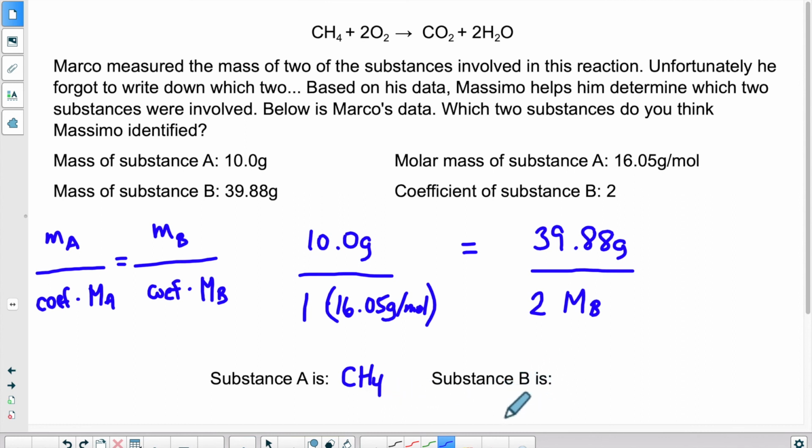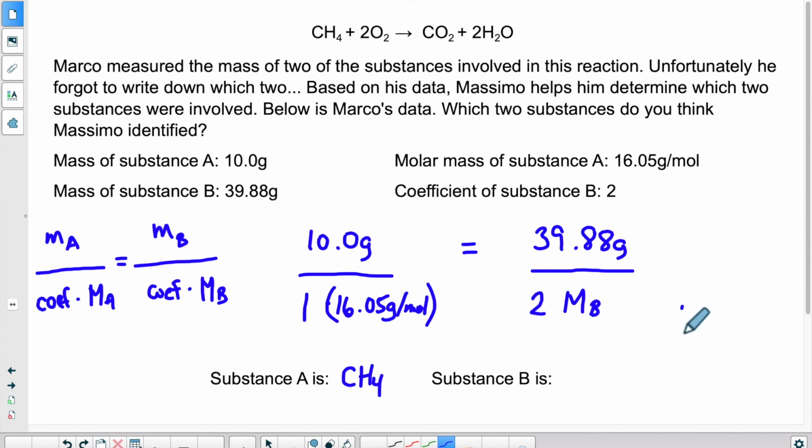Now I need to identify substance B. How am I going to do this? Well, I'm going to find its molar mass. That's now the only variable in this whole equation that is missing. And by finding the molar mass, I will find the identity of substance B because it is a specific characteristic. So if I solve, what do I get?